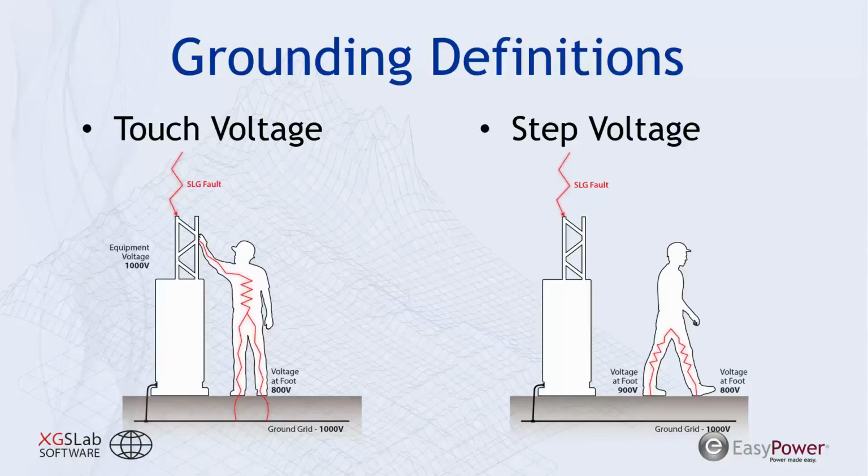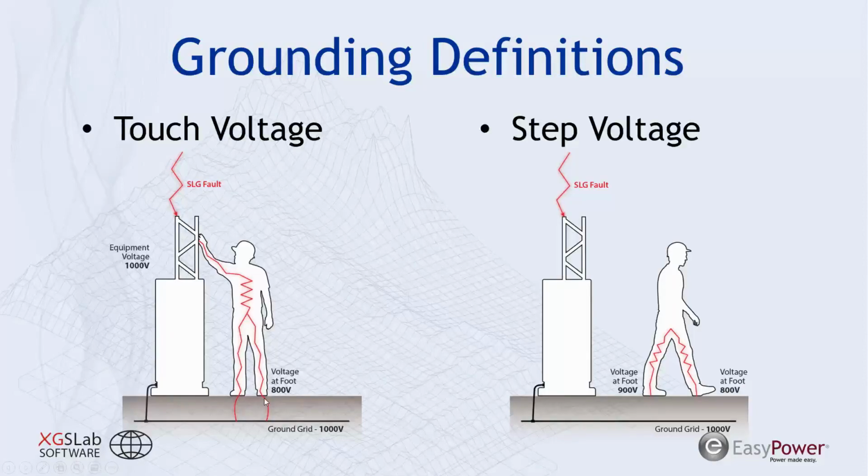So on the left, I have an illustration of a system or a piece of equipment that's received a fault, and that equipment is elevated to 1,000 volts. An individual is in contact with that piece of equipment. Their reach distance is usually approximated to about 3 feet or 1 meter, and that distance between their hand and where their body is located and their feet on the soil creates a voltage potential difference between their hand and their feet.